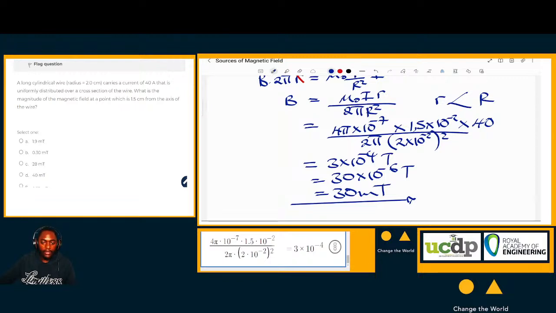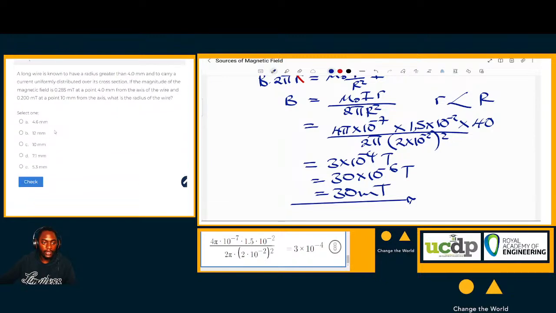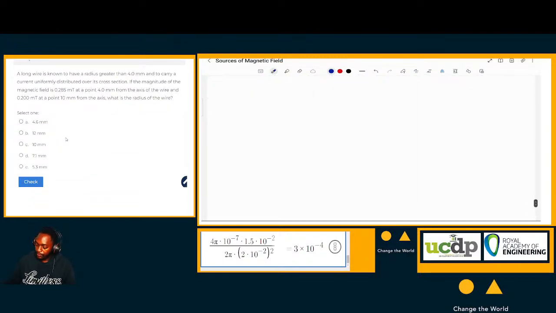Any questions or comments in the chat? I don't see any questions, comments, or contributions in the chat, so we're going to proceed to the next question, which happens to be the last question. So this is question 16, the last one for the day.